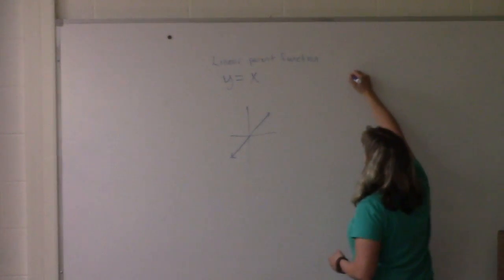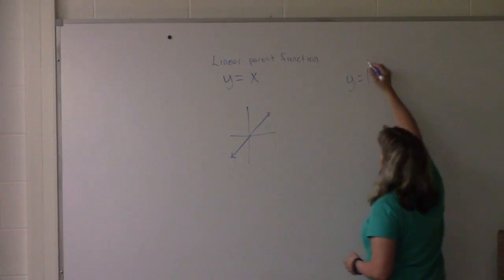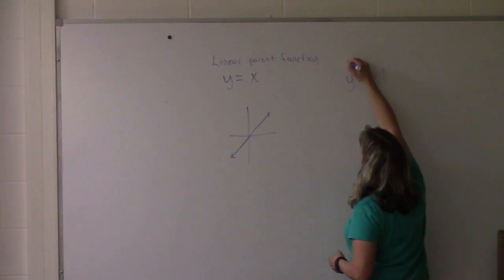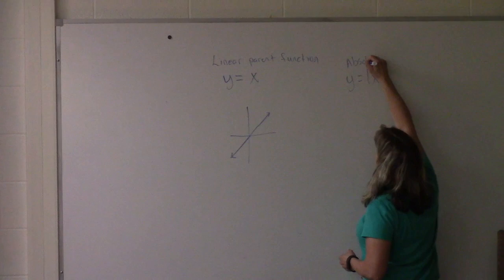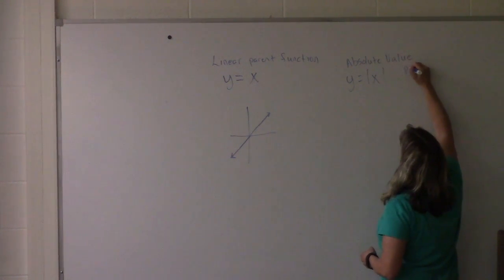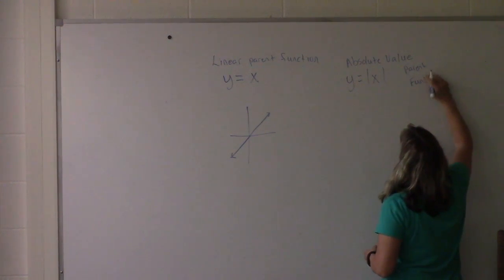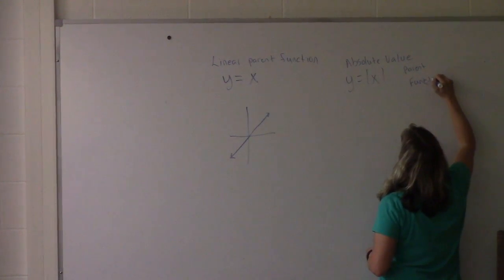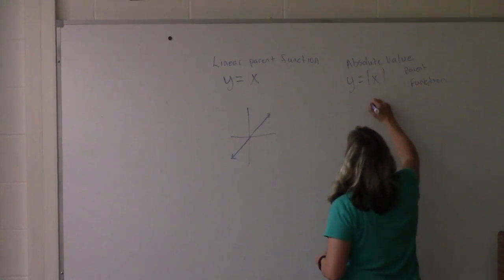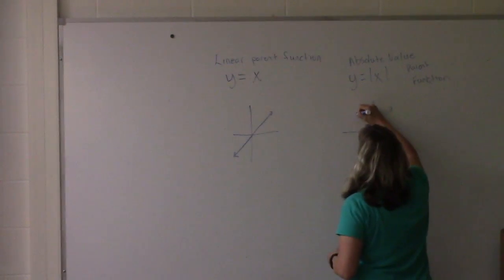Okay, for absolute value, y equals the absolute value of x, this is your absolute value parent function. This one looks like that graph you just graphed, which is this.